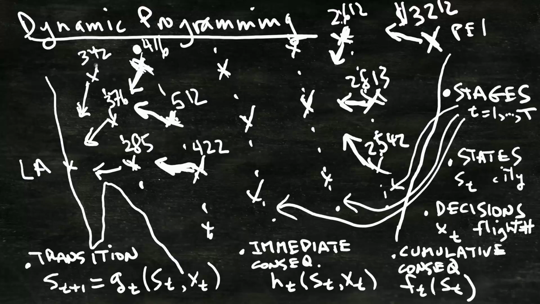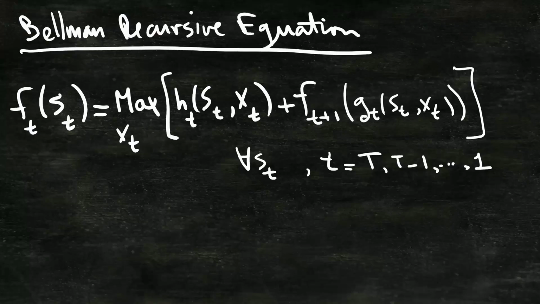The 342 will include the benefit of doing business in LA minus the cost of getting there. So if that already has been incorporated in the 342, then what is the benefit of being in LA? Well, I guess you go to the beach. So in order to start this, you need to define, for all possible end states, and sometimes there's only one, in our case LA, what is the additional benefit? And in our case, f T of s T has to be defined.